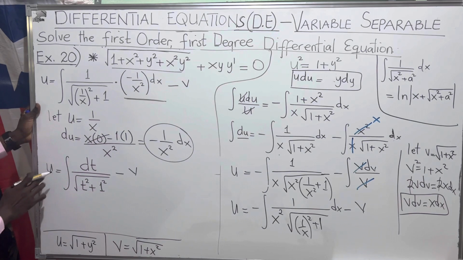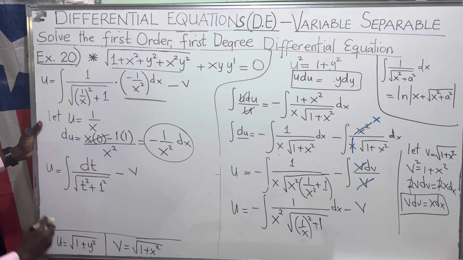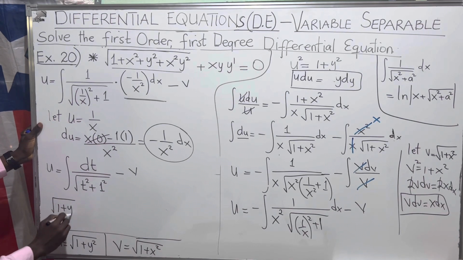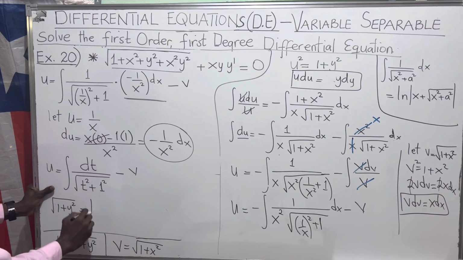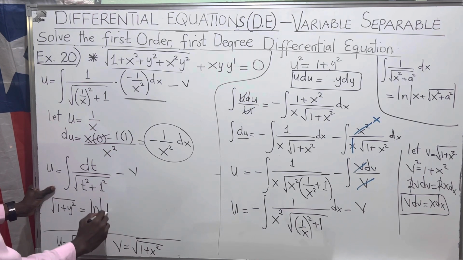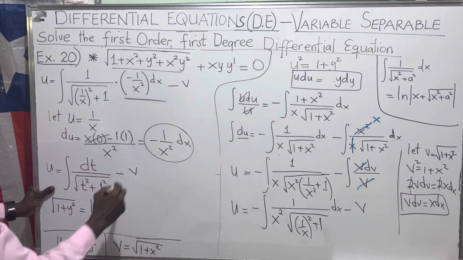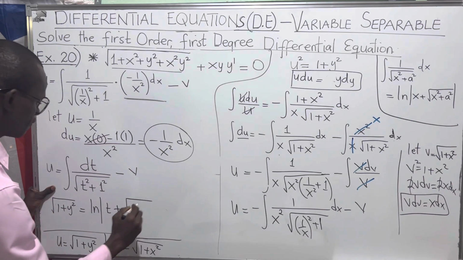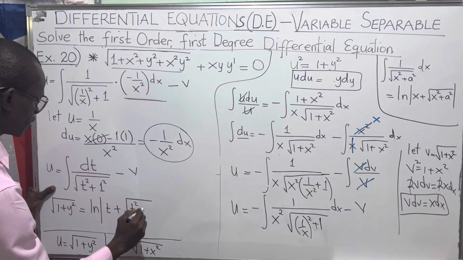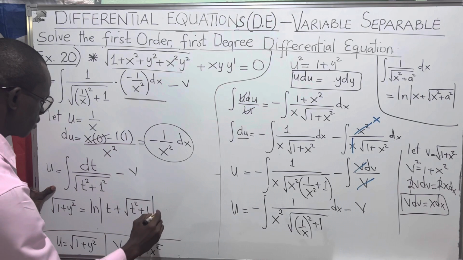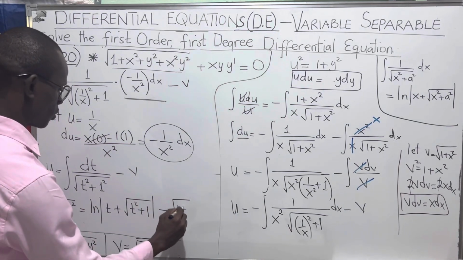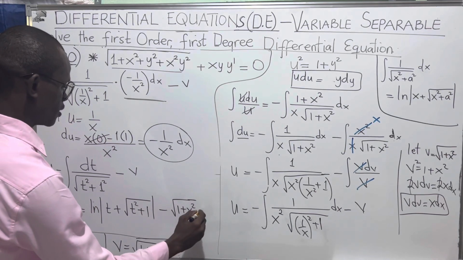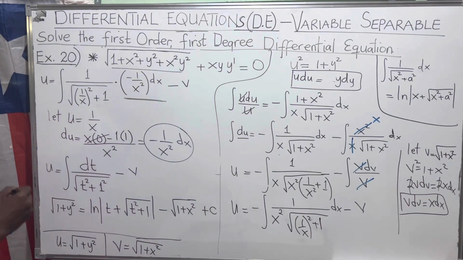So we know that our u, the root of 1 plus y squared, equals, now this entire expression is just the ln of t plus the root of t squared plus 1, according to the formula, minus v, which is just the root of 1 plus x squared, plus some arbitrary constant c.